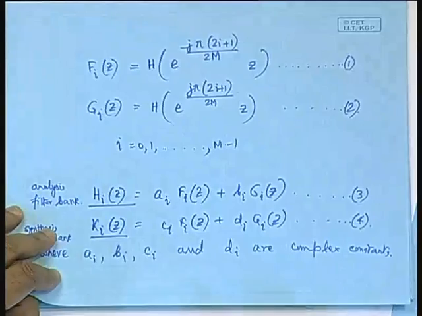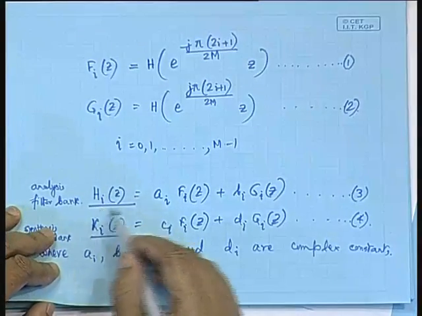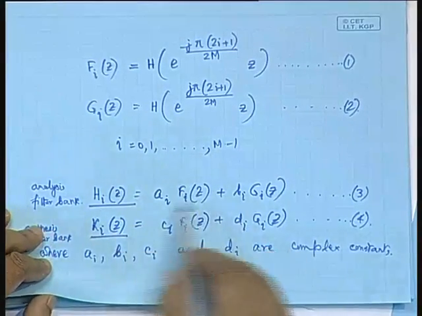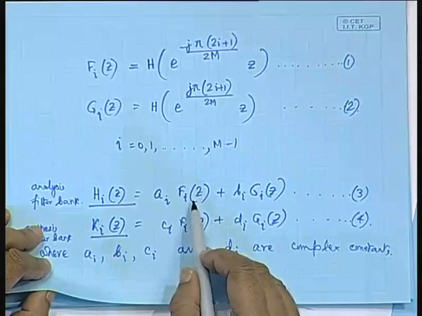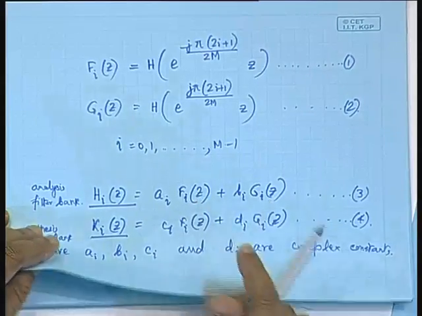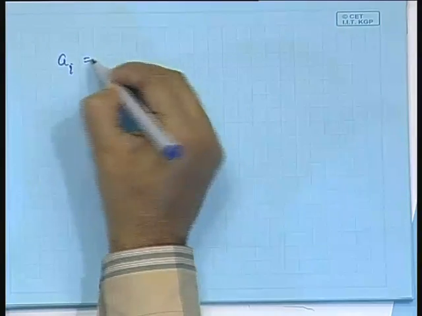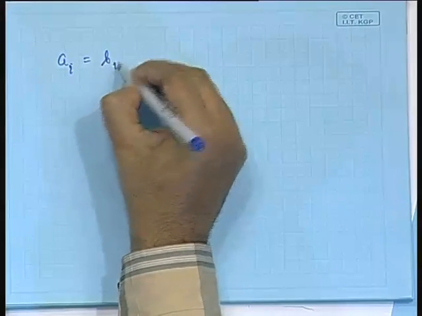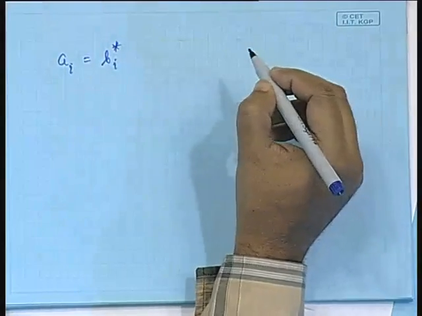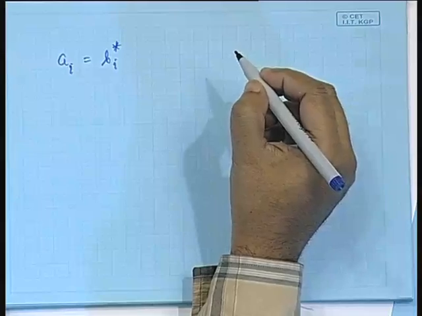Now, in this equation, what we have written as the linear combination, I mean H_i(z), the analysis filter, and the synthesis filter written as the linear combination of this F_i(z) and G_i(z), if there we impose a condition that A_i is the complex conjugate of B_i. A_i, B_i, C_i, D_i all are complex constants, as I already mentioned.